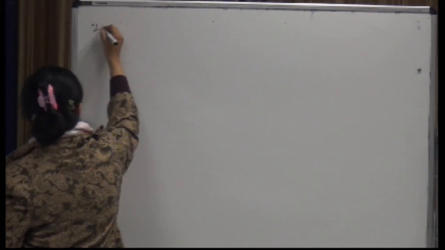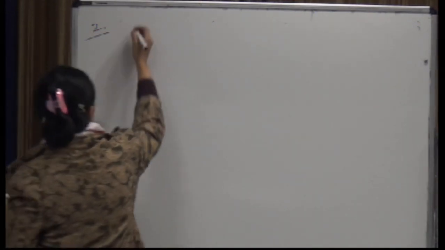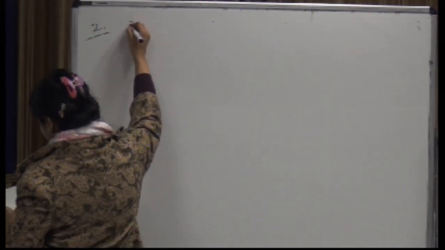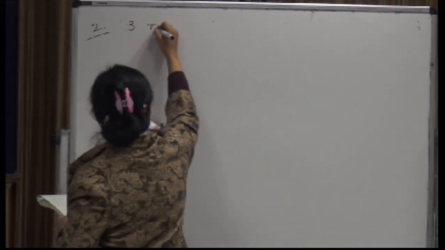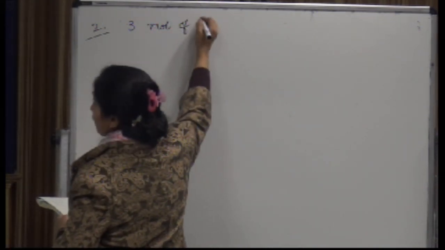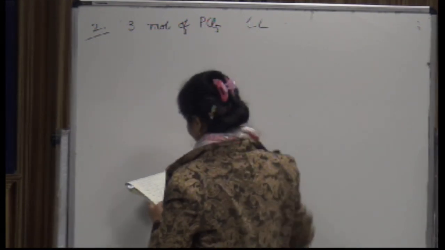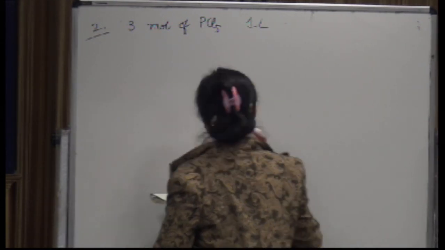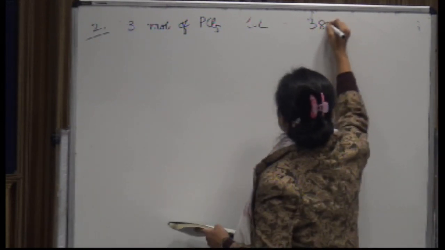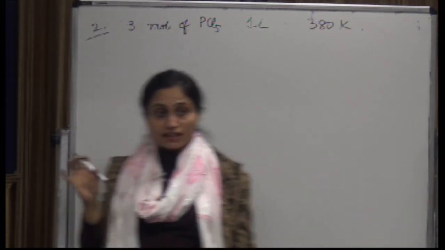Now another thing that I'd like you to do is, we've done this. You can take up just one last question before I move on to another concept of Kc. You have 3 moles of PCl5. All right, just take this. You are given 3 moles of PCl5 kept in a 1 liter closed vessel, which is allowed to attain equilibrium at 380 Kelvin. Just take down the keywords.